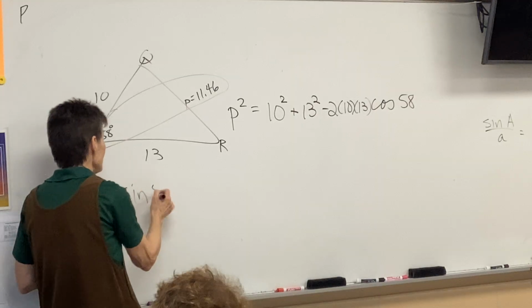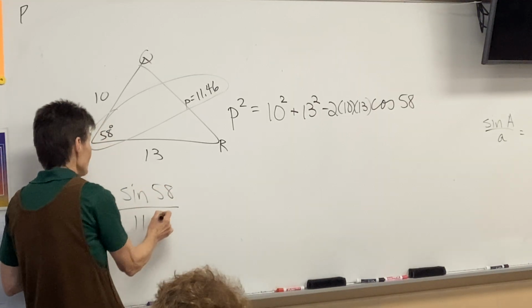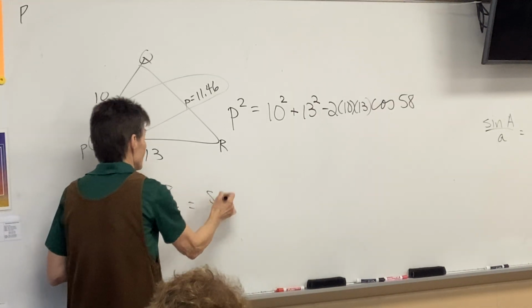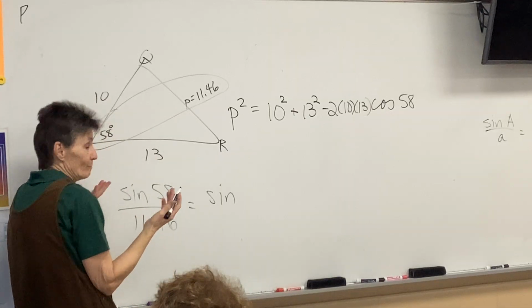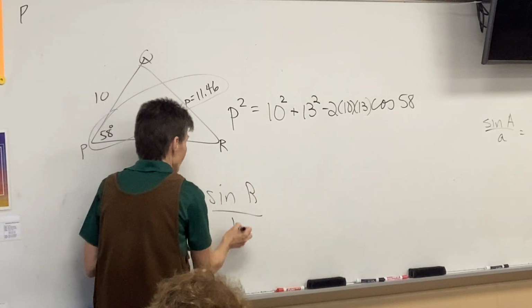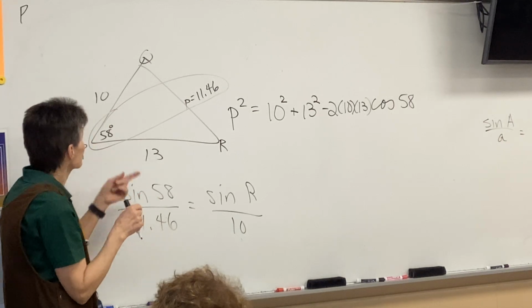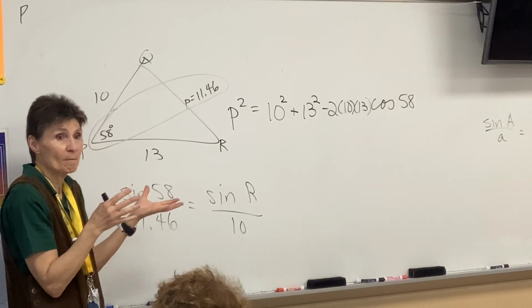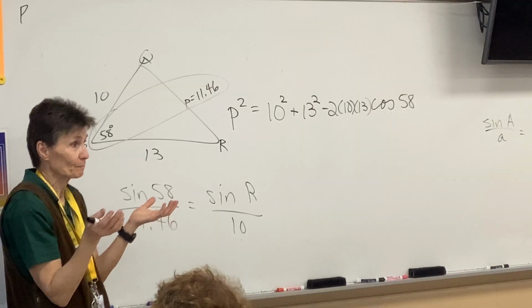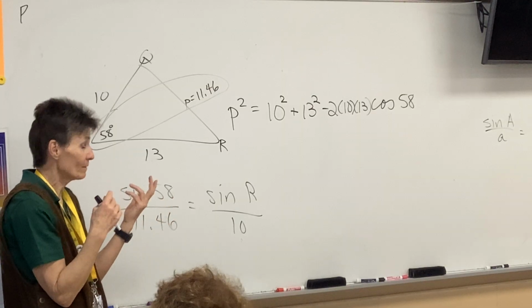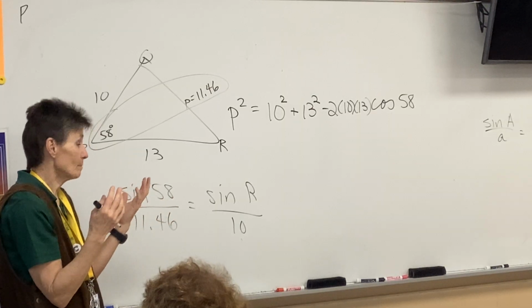So sine 58 over 11.46 equals sine R over 10, or sine Q over 13. It doesn't matter. You have to do one of them. Only one of them.